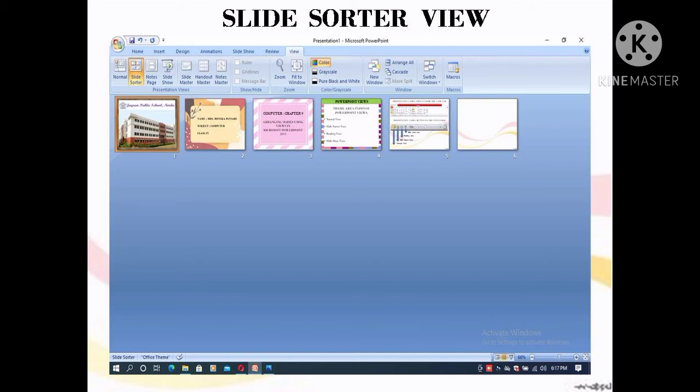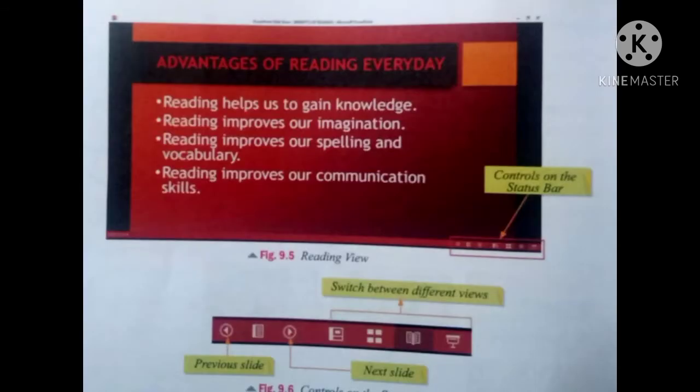It provides an overall view of the different slides in a presentation. You can insert or delete slides. You can see the presentation as a whole. You don't have to scroll up or down. You can arrange the slides by dragging them up or down. So all this can be done in the slide sorter view.